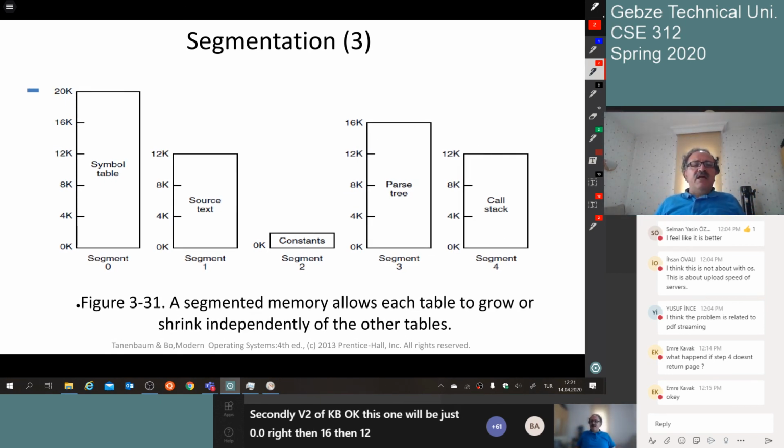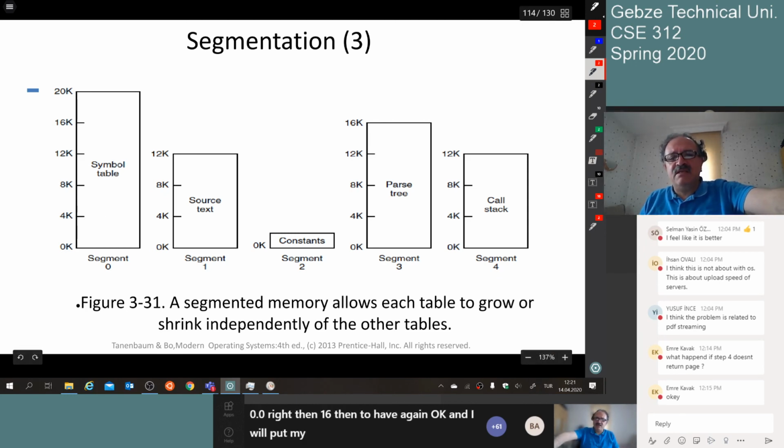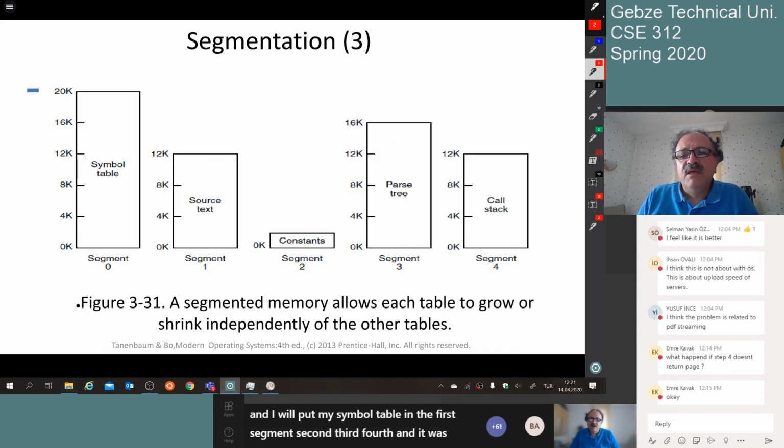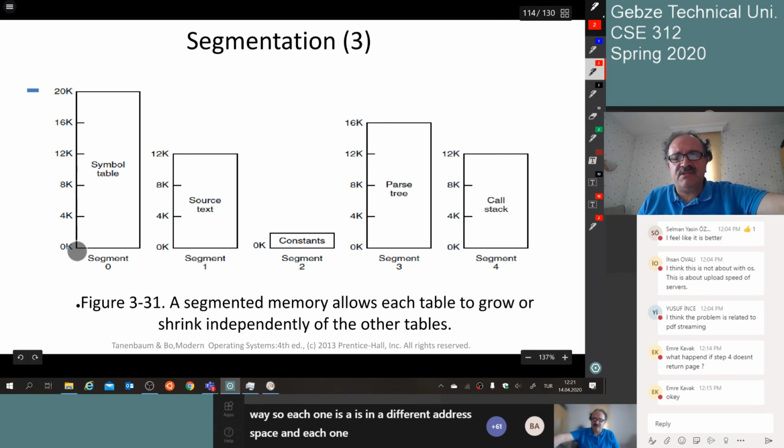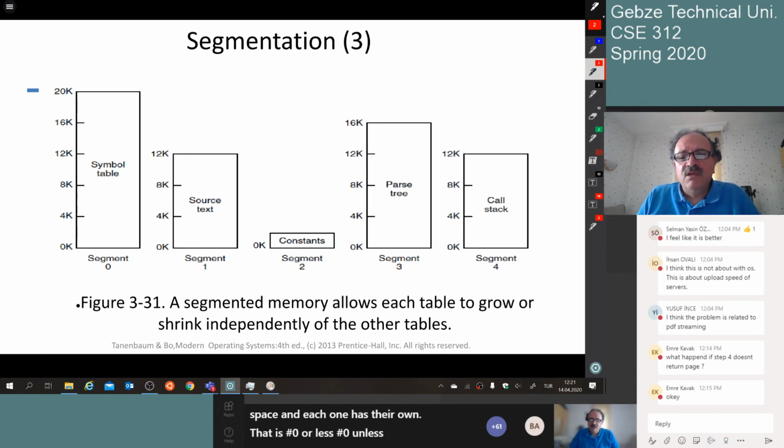And I will put my symbol table into the first segment, second, third, fourth, and it goes that way. So each one is in a different address space, and each one has their own address number 0. So this is logically dividing my program into 5.